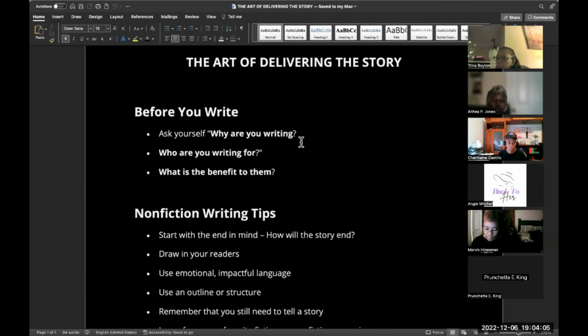Before you write, I want you to think about these three things. Before you even put pen to paper, I know we do it backwards all the time, and for years I did it backwards too. We always sit down and just start writing. Why? Because we have notebooks upon notebooks of notes about our story, and they're all over the place.